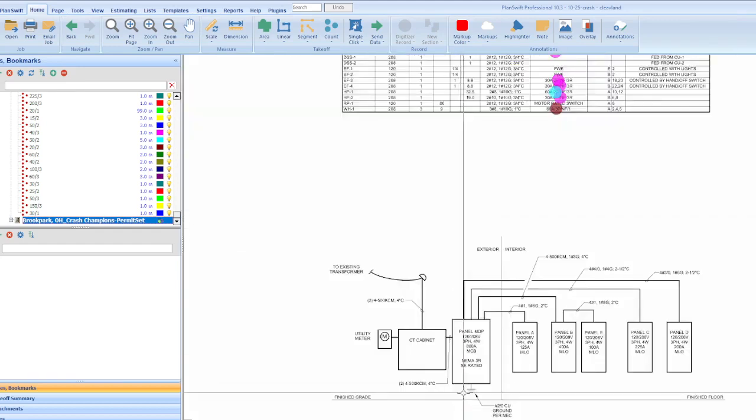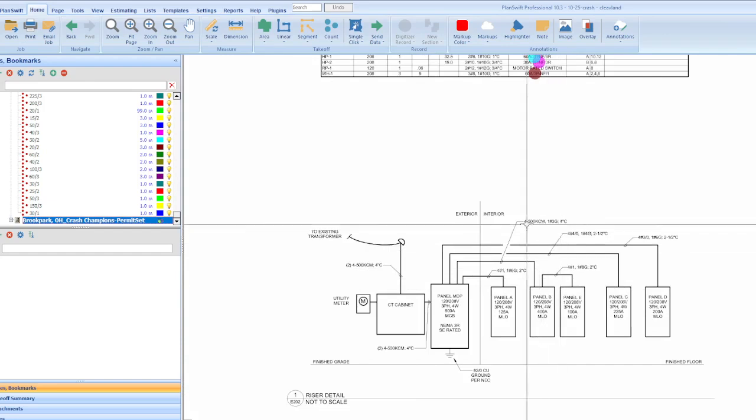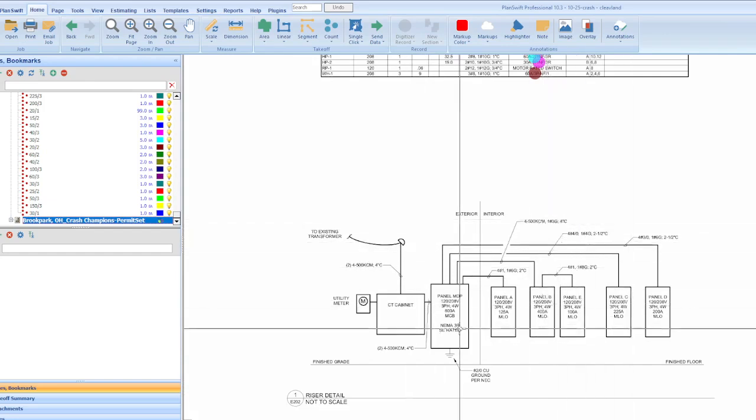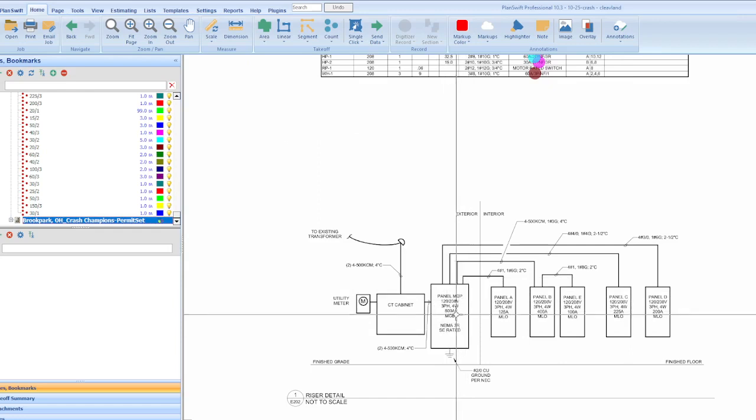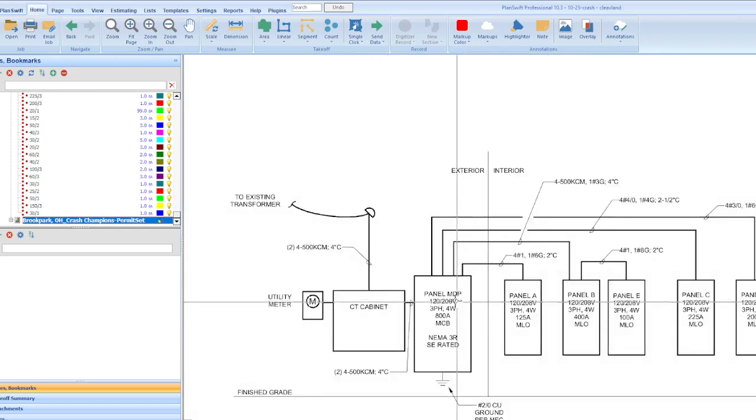Okay, so then for the single line, for all of the feeders, you have to physically go to the power plan. We saw that the main distribution panel was on the outside of the building in relation to panel A, so I've got to find it. So we look here and we say the main distribution panel is connected to A, to B, to C, and to D. And then it looks like B and E are connected.